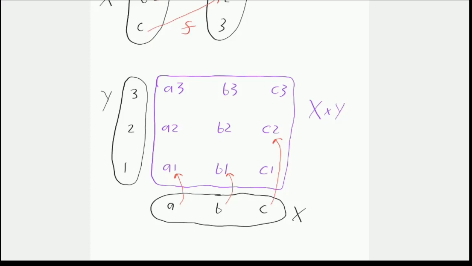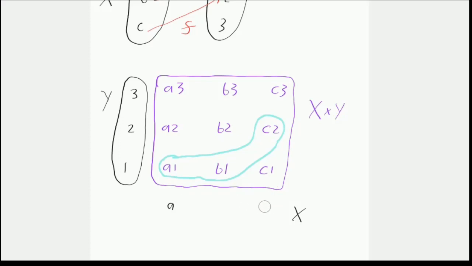Well, if we think of a function as a graph, and then we just take all the elements of x times y which have something sent to them in the graph, then that subset of x times y is what we call a relation. And it's a relation which represents our function. So this green subset here is the relation which represents our function f.